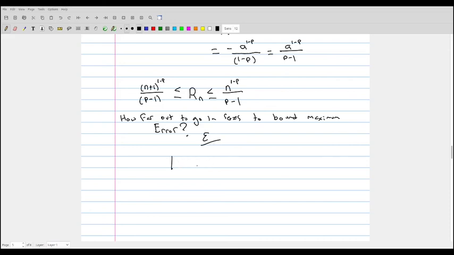So if we want to do that, we have to make sure that Rn, which we know is less than or equal to n to the 1 minus p over p minus 1, is less than epsilon. To do this, we have to guarantee that n is chosen to be a large enough value such that this is less than that error, we'll call it epsilon.